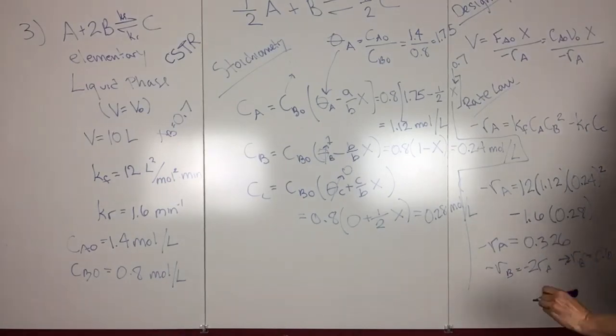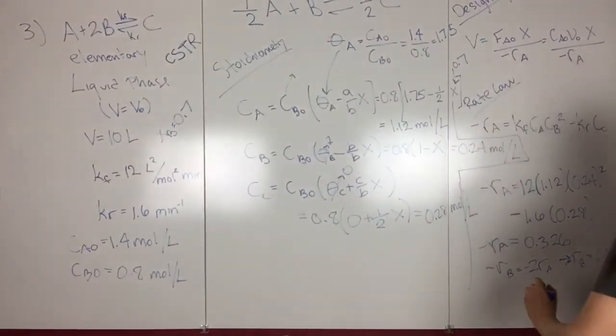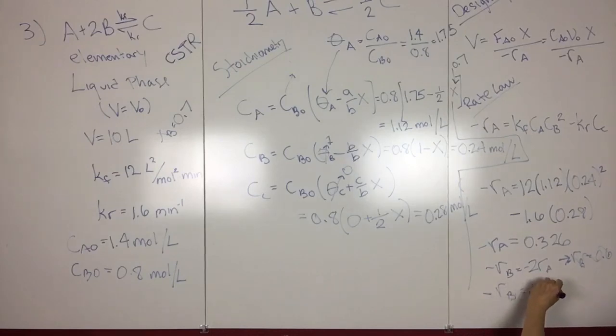I think that's going off screen. So we get that minus RB is equal to 0.65 moles per liter per minute.